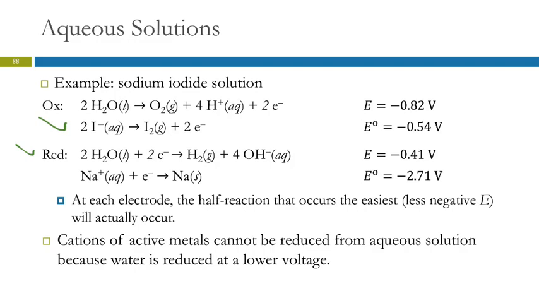So you cannot get sodium metal from sodium ions in an aqueous solution because you reduce the water instead. So you can only do that in a molten salt. Any questions about that?